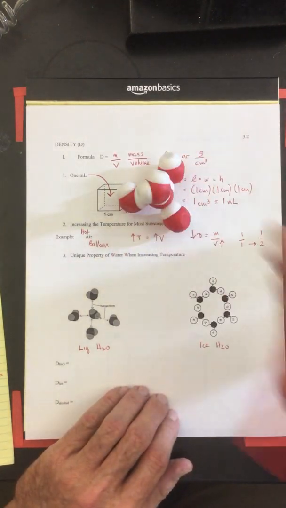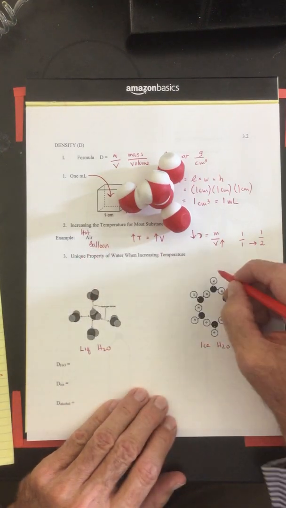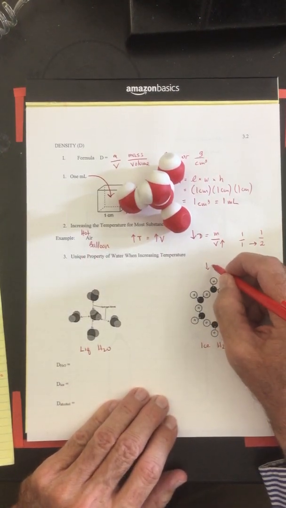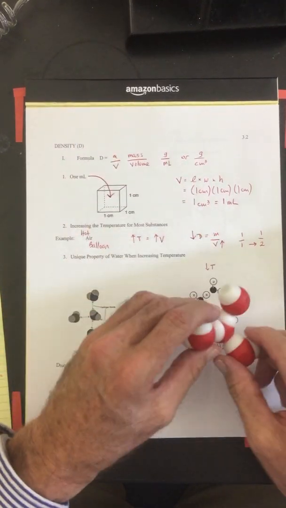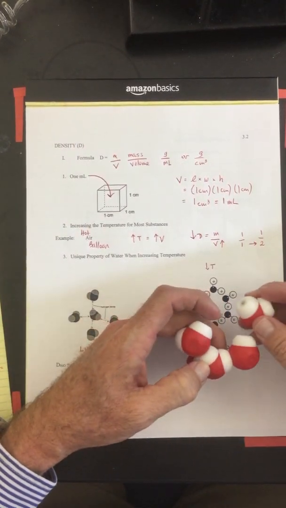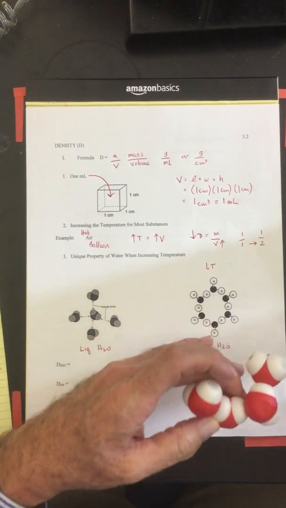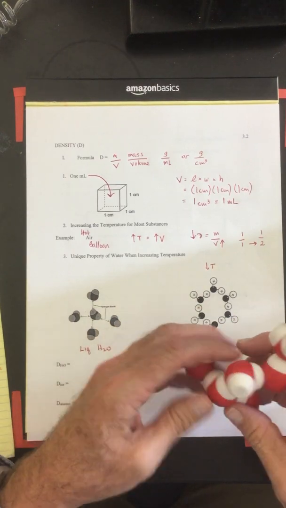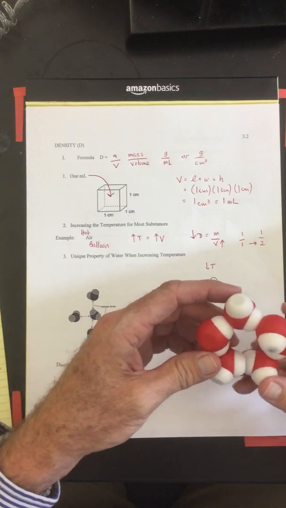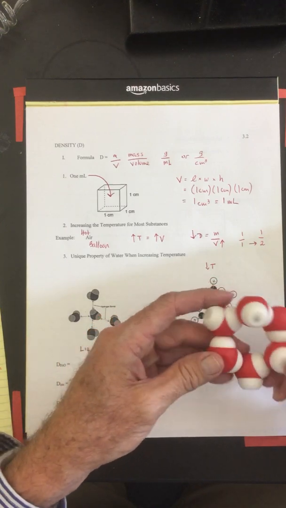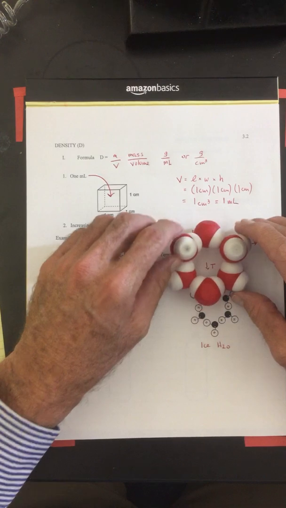When we decrease the temperature, this is what happens to the water. It rearranges into this crystalline form that looks like that.